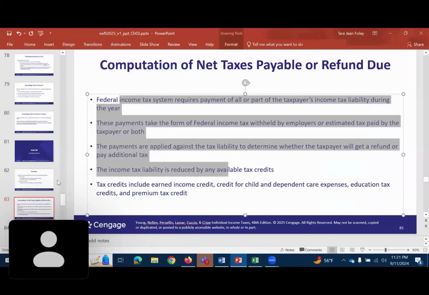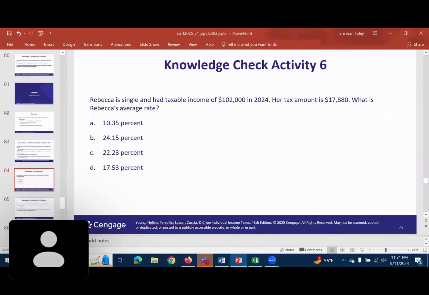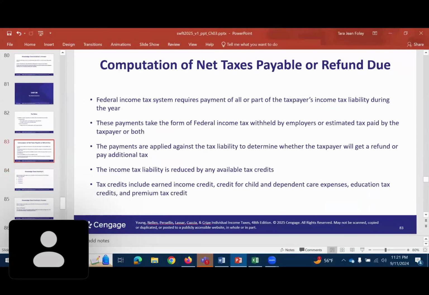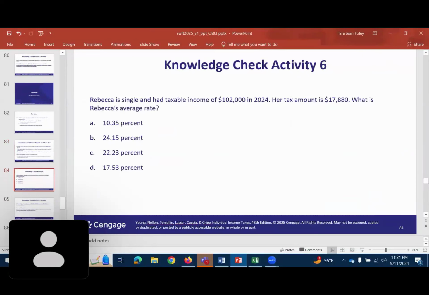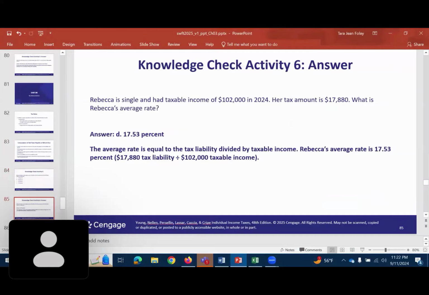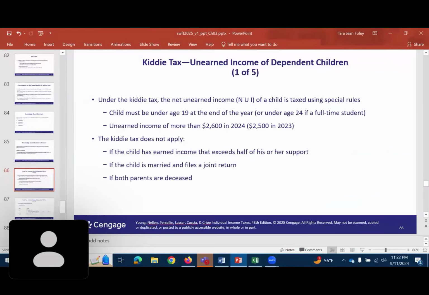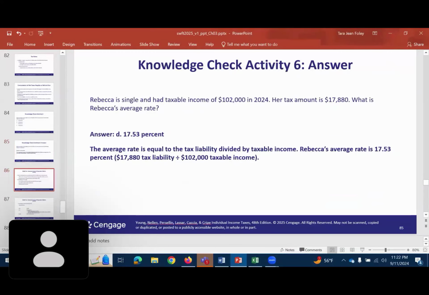Okay, that's what this is about here. So you can read this, and this is using the schedule to figure out what your taxable amount is going to be. Okay, and there's another knowledge check.